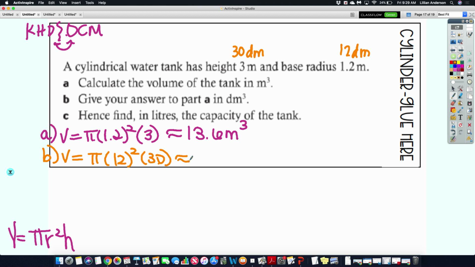What's your answer? If it's rounded, it would be 3 significant figures: 136,000.